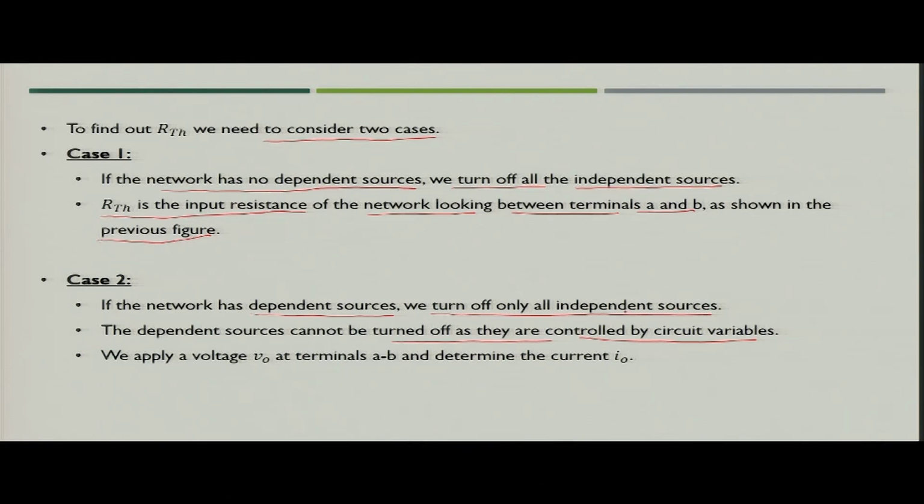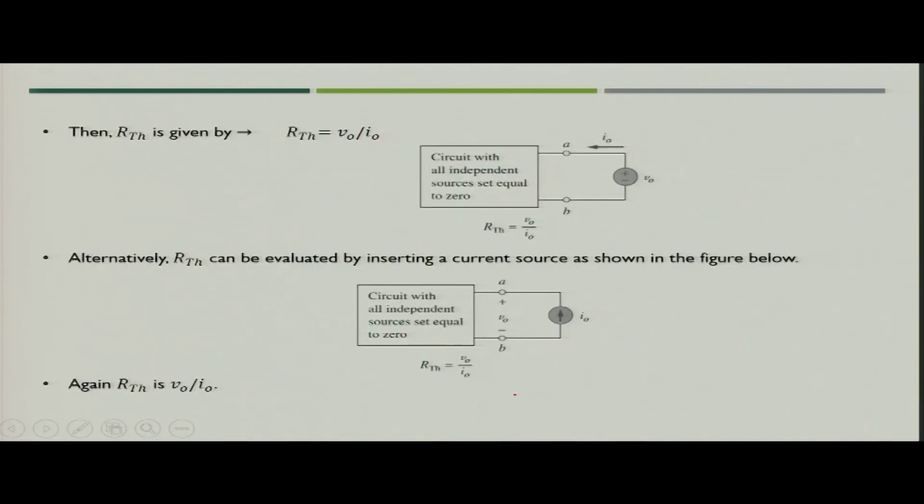So, you will only switch off the independent sources while keeping the dependent sources on, and then you will analyze the circuit. How? You have to simply apply one voltage V naught at the terminals A B and determine the current I naught.